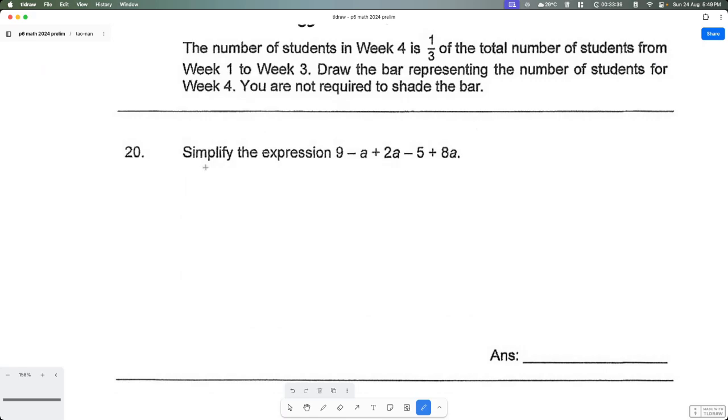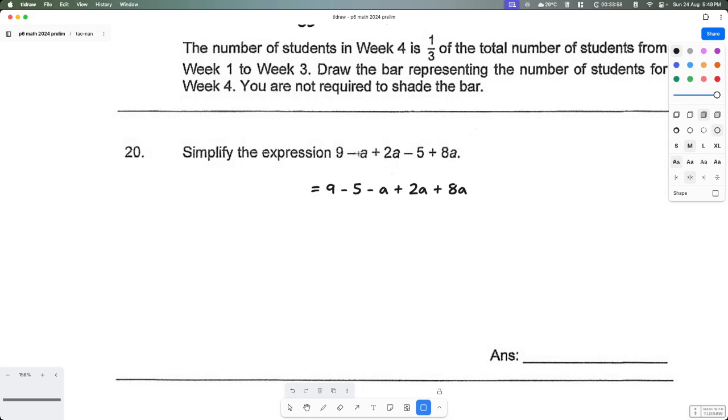Question number 20. Simplify the expression 9 minus a plus 2a minus 5 plus 8a. Okay, simplify. So basically 9 minus 5 minus a plus 2a plus 8a.